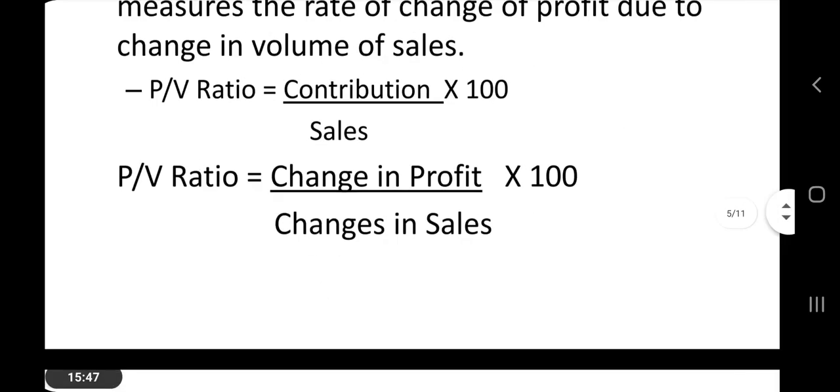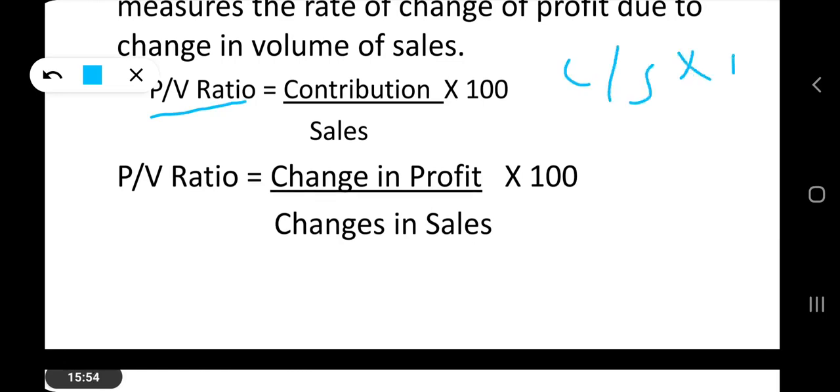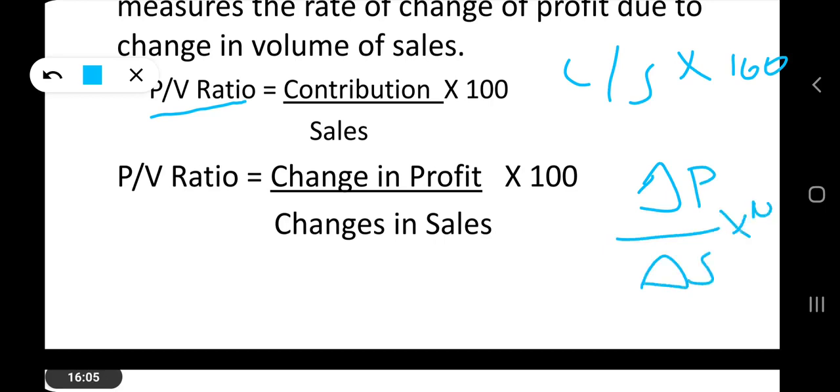Here you can observe the formula. PV ratio is equal to contribution by sales into 100. PV ratio is also equal to profit by sales into 100.